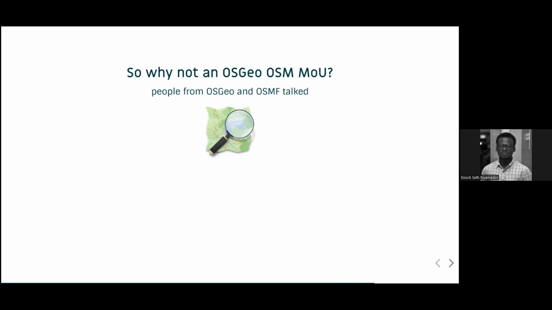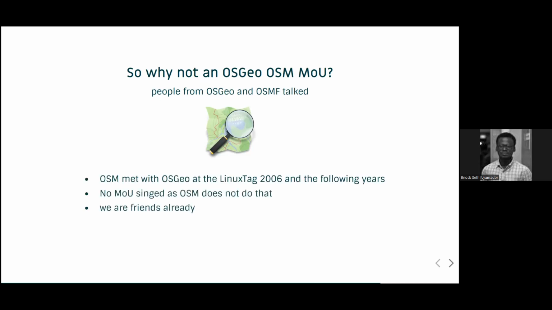This has come up several times before the recent MOUs with OSM organizations like YouthMappers and HOT US. There have been discussions, and it all boils down to the fact that the community cuts across. Of course, I contribute to OpenStreetMap every day, and I'm here talking to you about OSGeo Live and OSGeo. So you can see the synergy in the community.